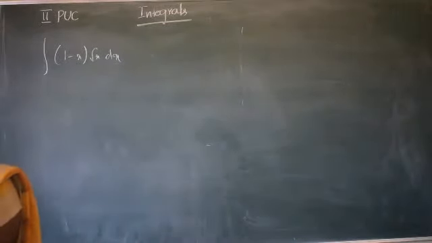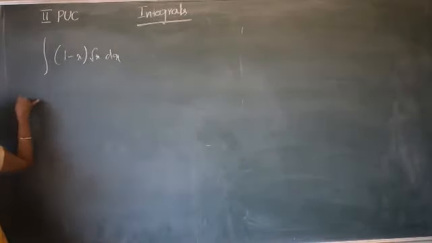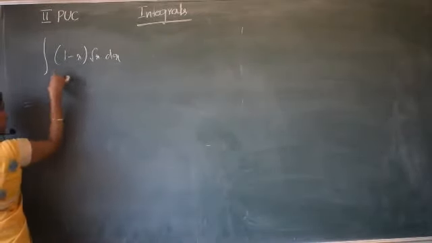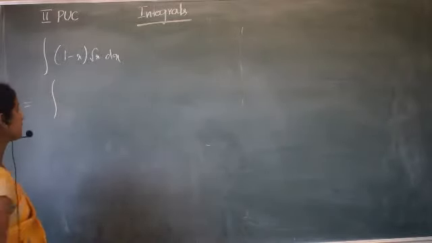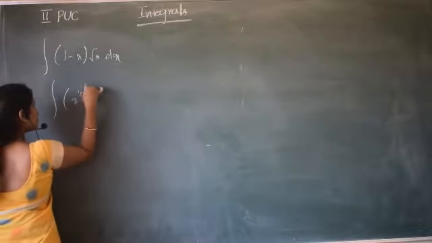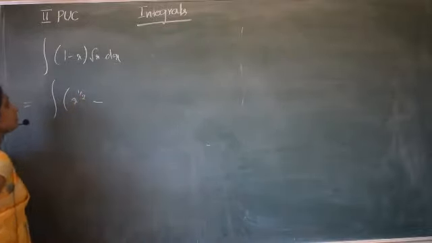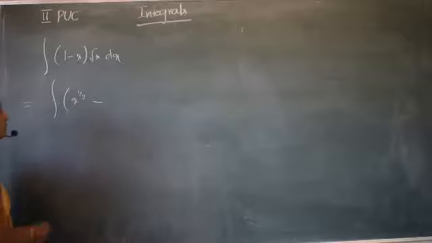So I can split this integral as the integral of x into 1 into root x, root x is x to the power half, minus x into x to the power half, which is x to the power 1 plus half, x to the power 3 by 2.